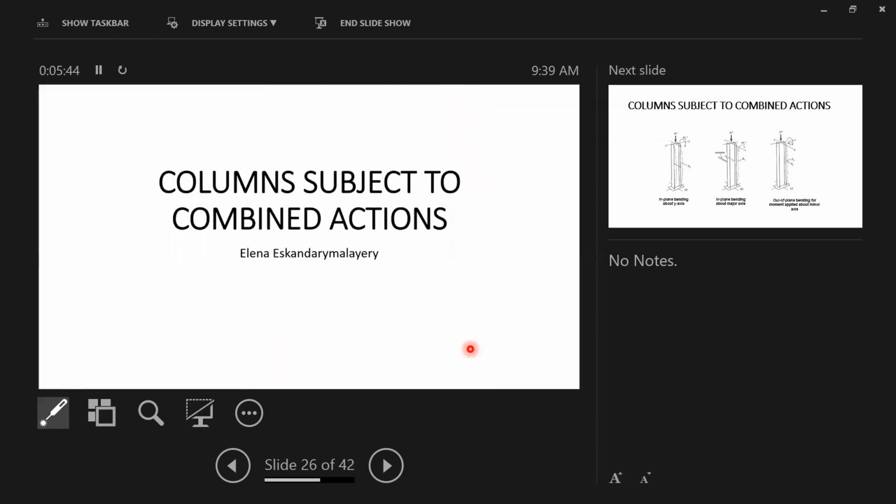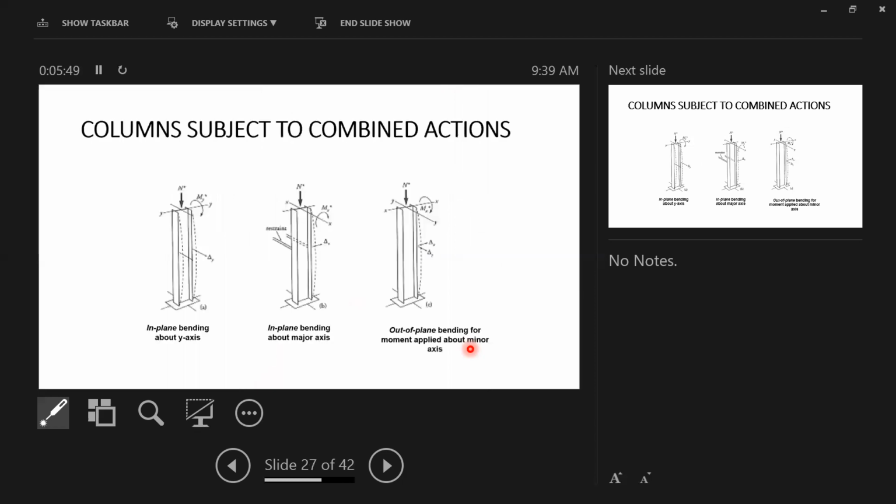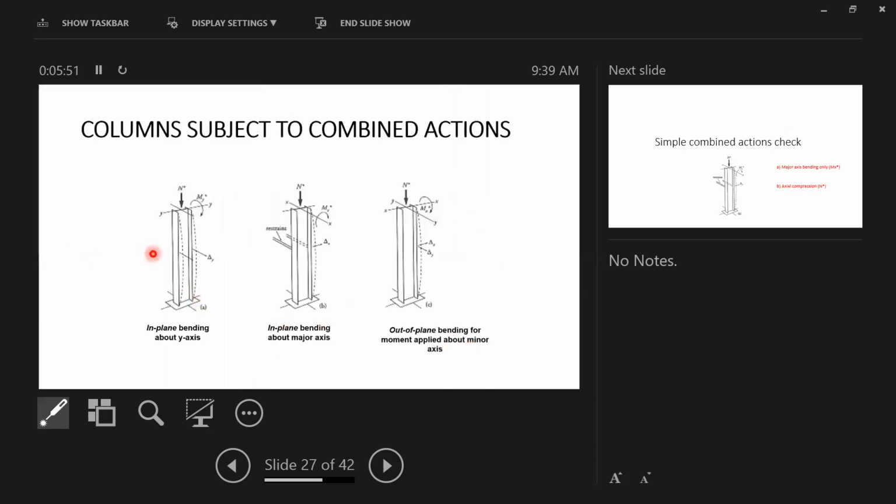Now we want to see what if we have bending moment as well as compression force. So there are different cases. Sometimes you have compression as well as bending moment about minor axis, or you have axial force as well as bending moment around a major axis. And sometimes you have bending moment about both of them.